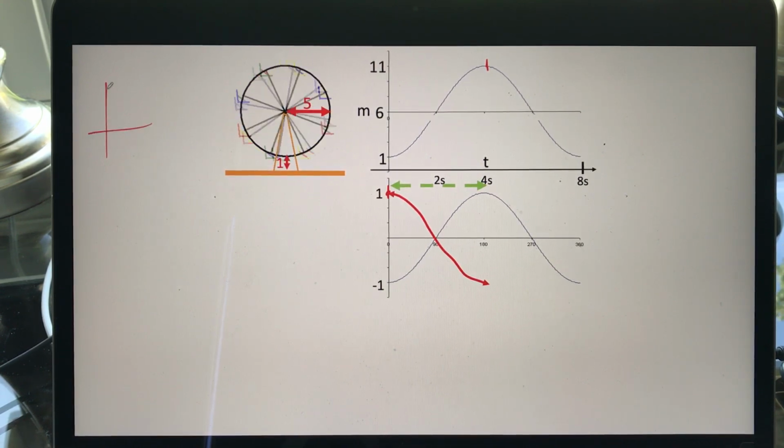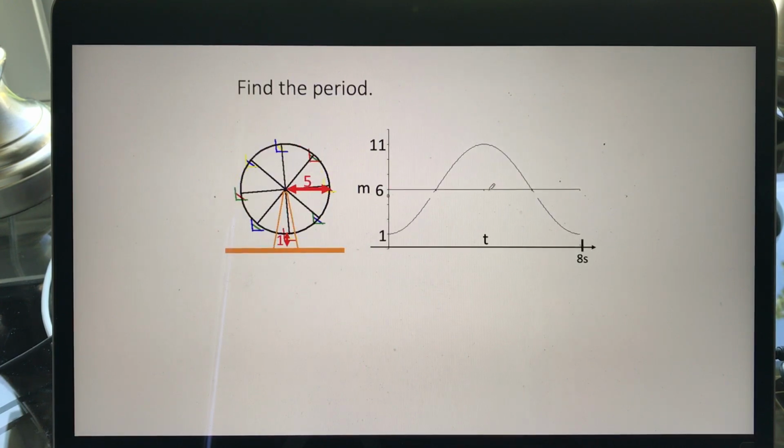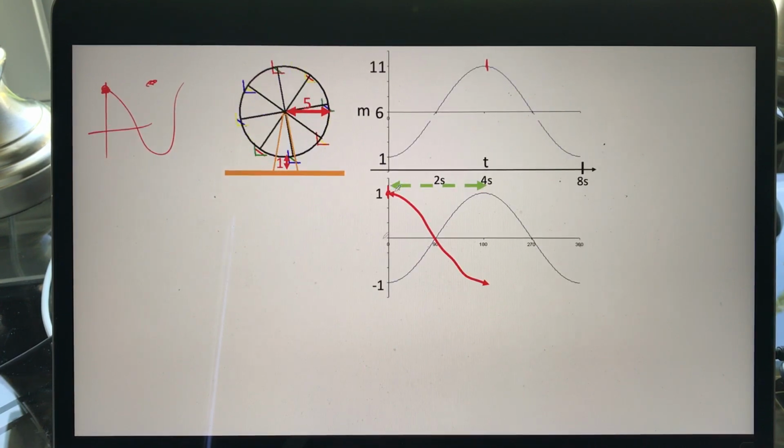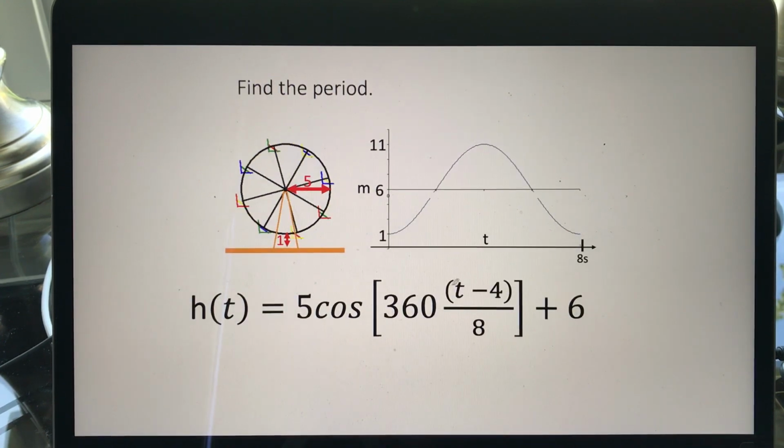Remember, the calculator has cosine starting here and dropping down. It doesn't have it floating over in space here. It's starting on the y-axis. So I have to draw that curve essentially over to the y-axis like that. And we just look at our scale, and that was just a draw of 4 seconds, 4 units. So that just means I have to have a t minus 4. That's just my horizontal shifting. That's all that happens.